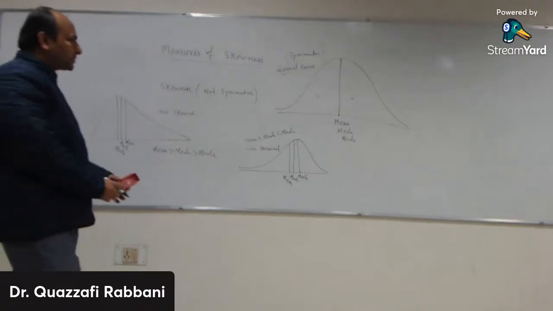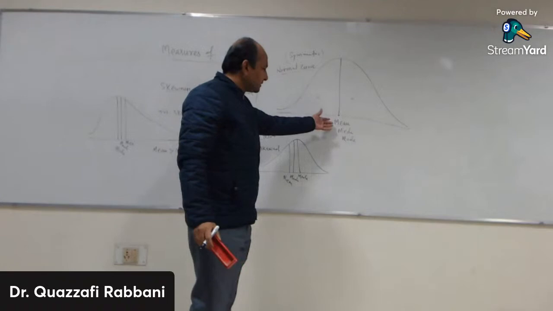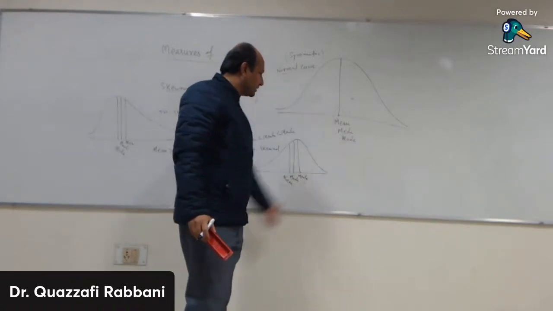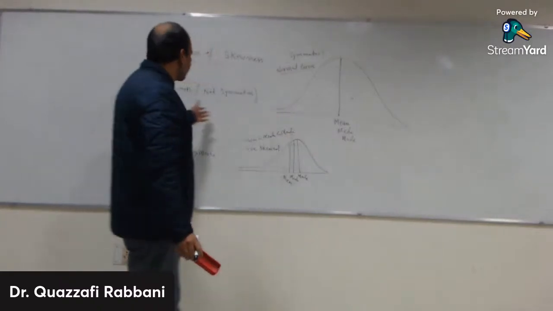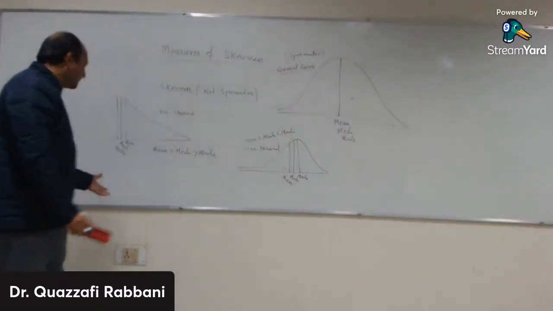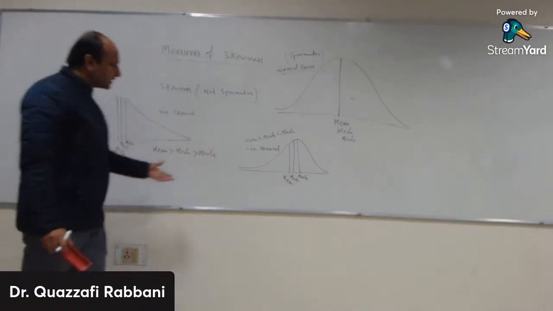So there are three types of curve. First is symmetric, a normal curve in which mean, median, and mode are equal. If the curve is not symmetric, then it is skewed, asymmetric. There are two types of skewed: positive skewed and negative skewed.